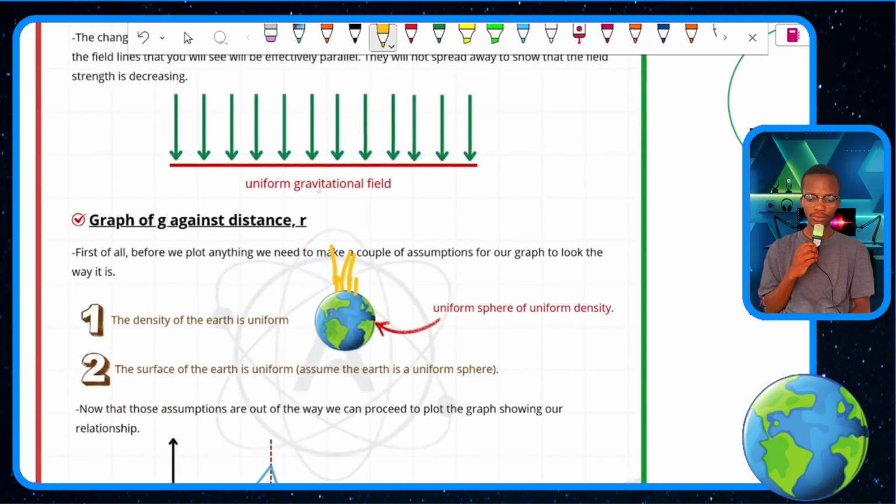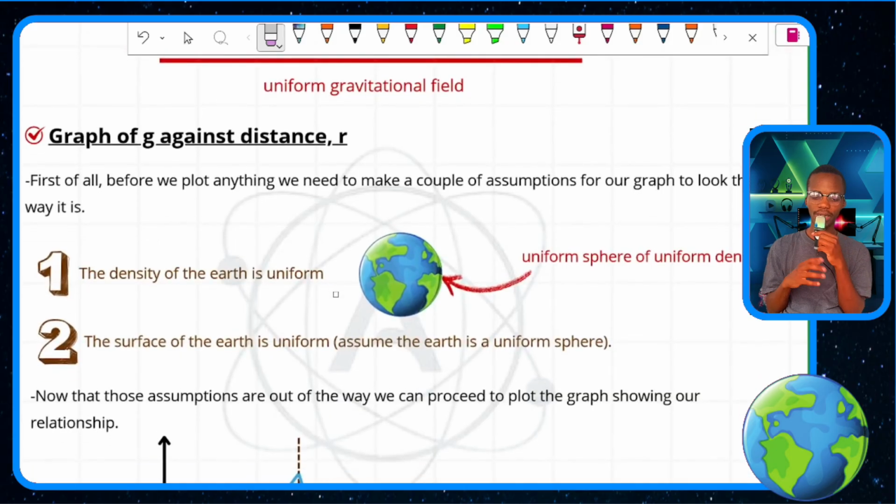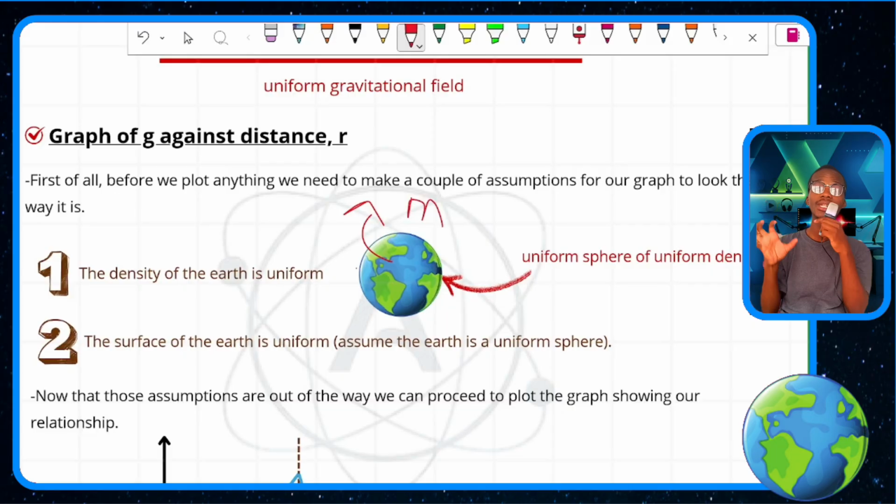First of all, before we plot, we need to make a couple of assumptions. Physics is a lot of assumptions, guys. If you're not yet used to assumptions, you haven't yet started doing physics. Essentially, before we plot anything, we need to understand that the density of the Earth is uniform. So we're going to assume that the mass of the Earth, which is M, is uniformly distributed.